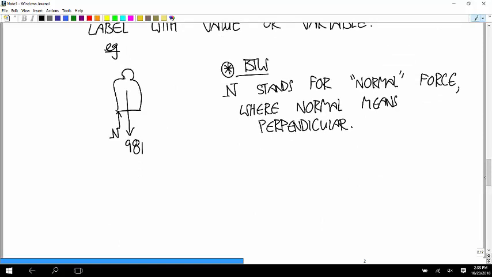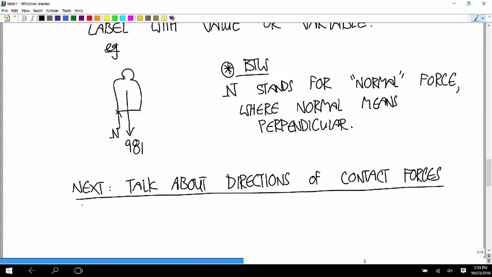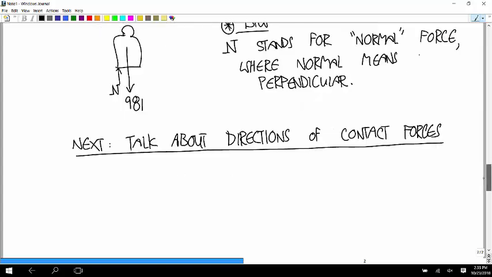The next thing we have to do is learn about what directions different forces act. So next we have to talk about the directions of contact forces. And there are three types that we're going to deal with.